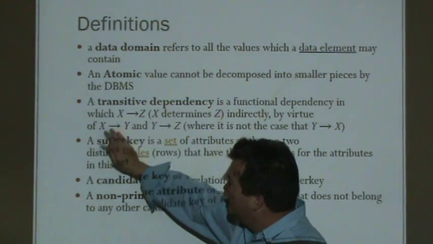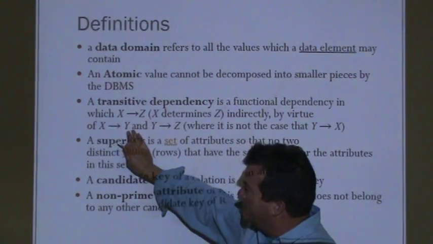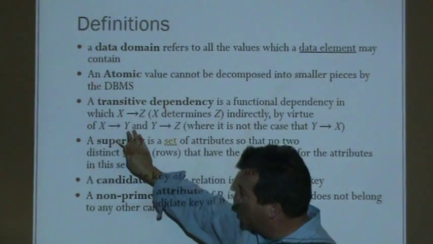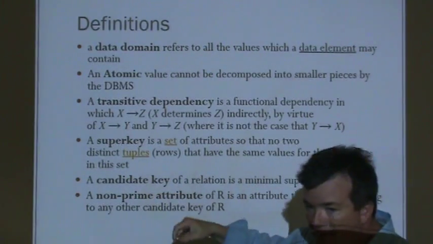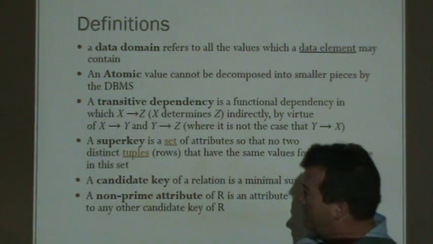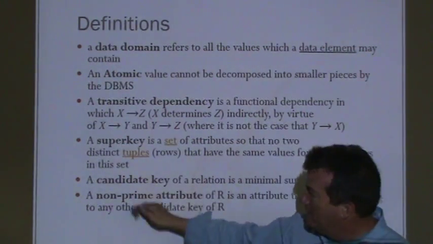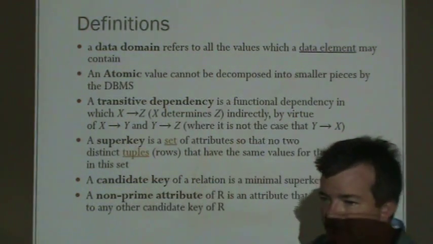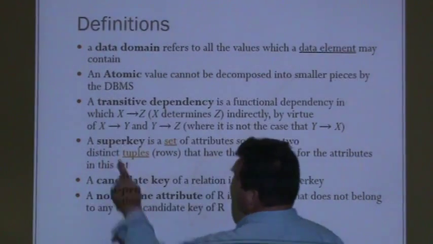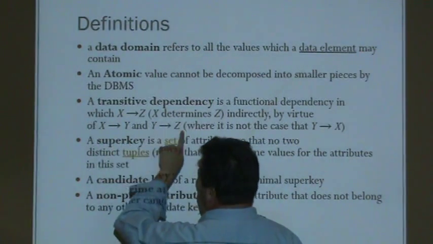So if X can tell you the value of Y and Y can tell you the value of Z, then there is a transitive dependency from X to Z. If you're given the value of X, you could positively identify the values of Z. You would do it in two steps. With X, you would figure out what Y is, and then with Y, you could figure out what Z is.